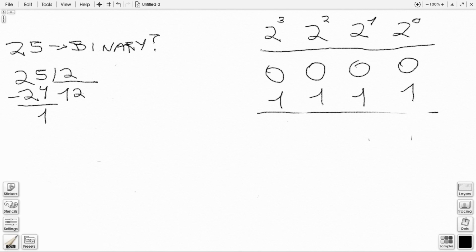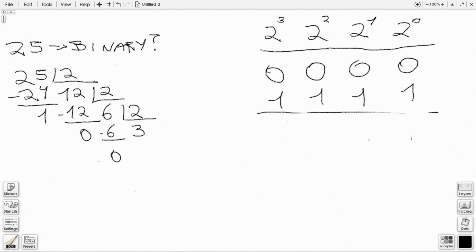Now 12 divided by 2 is 6. 6 times 2 is 12. 12 minus 12 is 0. Now 6 divided by 2 is 3. 6 minus 6 is 0.